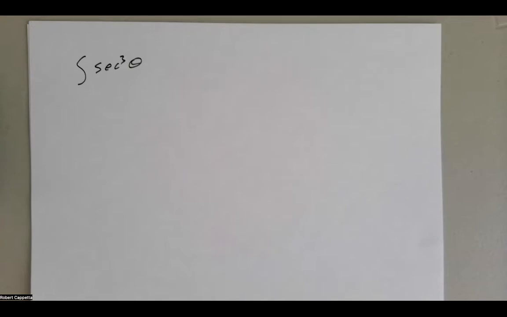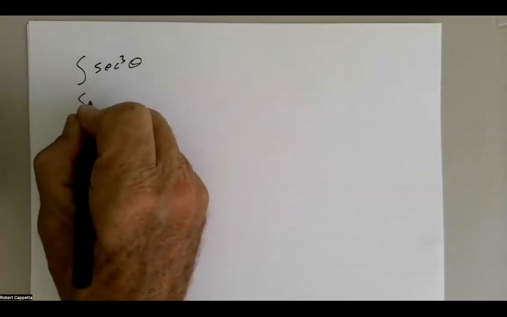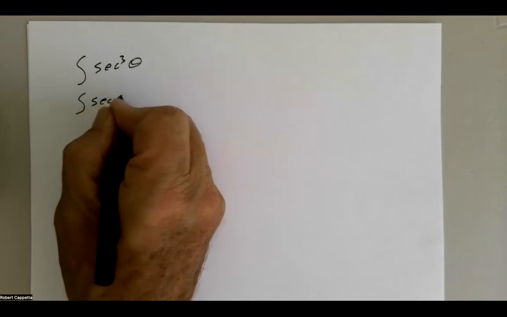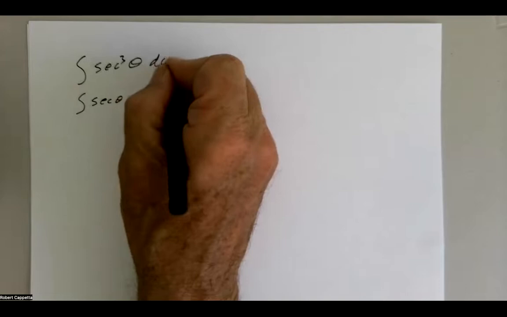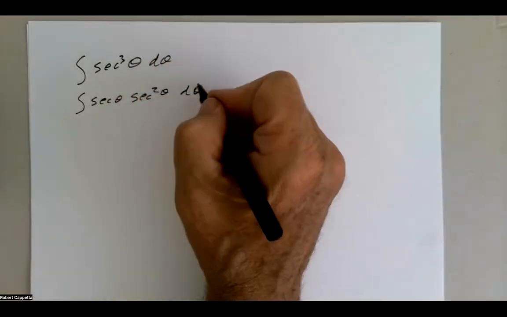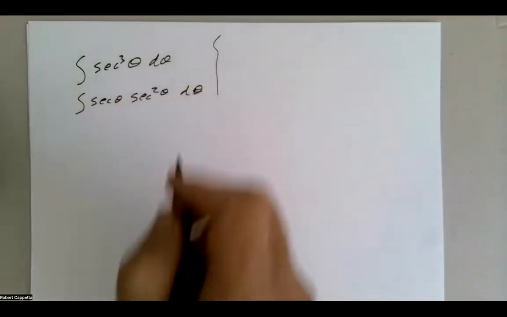That's pretty rough. What we're going to say is this is the integral of secant times secant squared, sec theta times secant squared theta d theta, and this requires integration by parts.